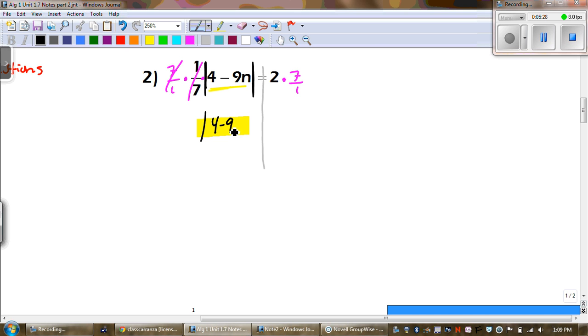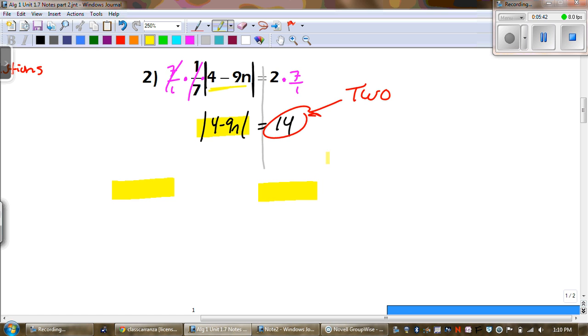We have |4 minus 9n| equaling 14. It's positive, so we're going to have two answers. Everything inside the absolute value stays 100% exactly the same. And then we have a negative 14 and a positive 14.